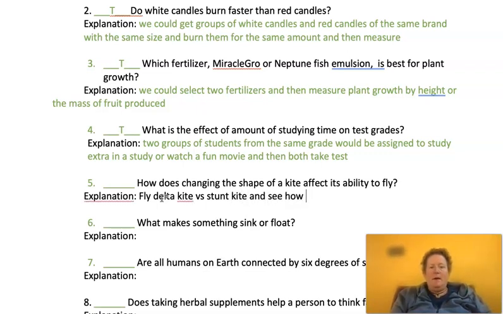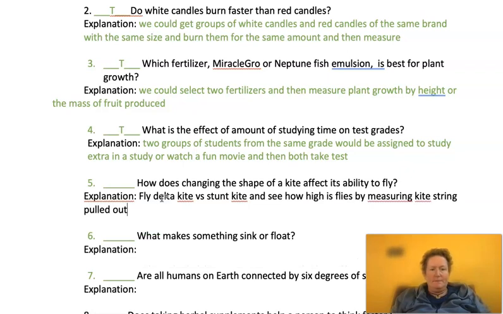And see how high it flies by measuring kite string pulled out. It would be a little bit hard, but if we made the question better, it would be testable. As written, not so much.